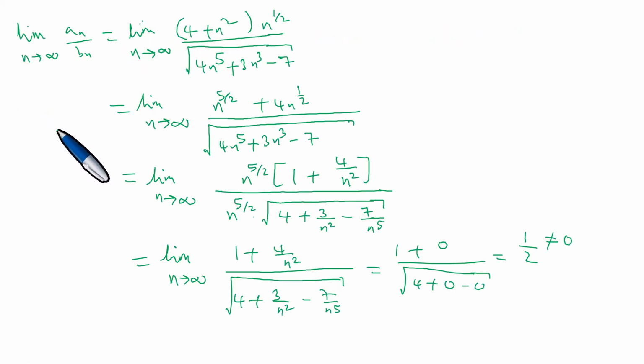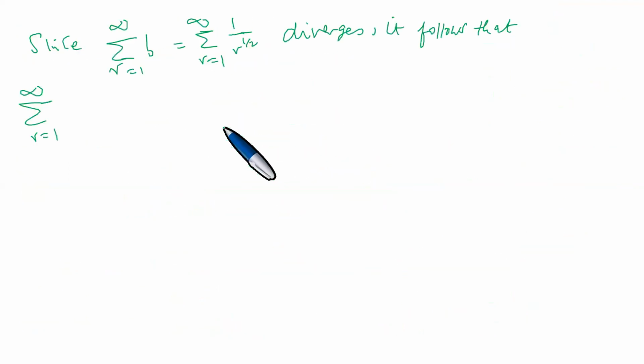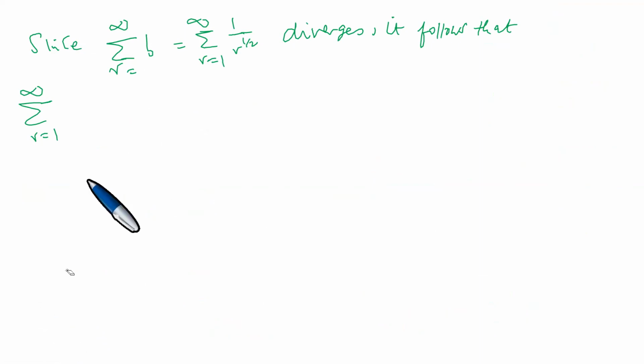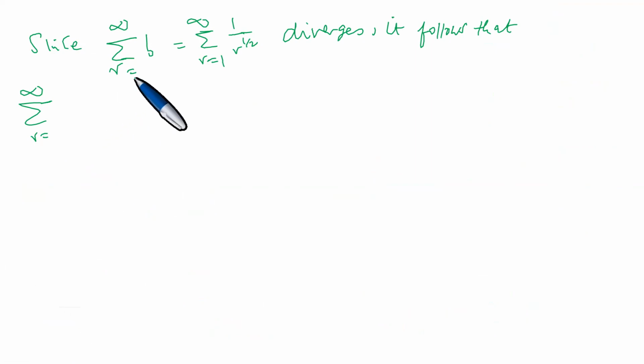Okay, it's from 2. This summation is from 2. I need to put 2 here. Right, so therefore this one is from 2. Since this one diverges, it follows that this one also diverges.